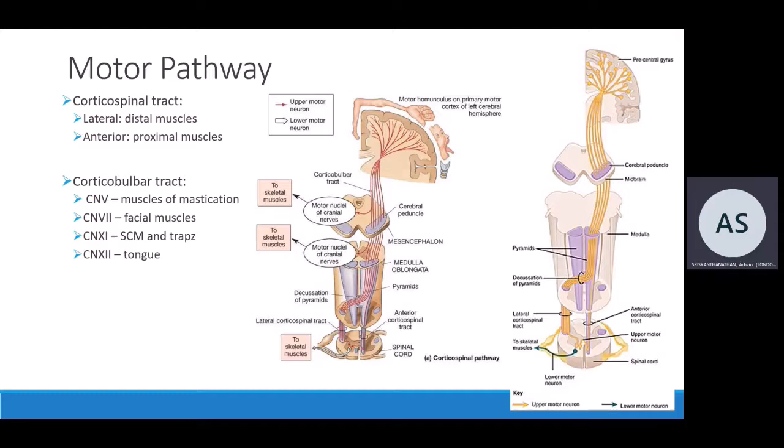Then you can see here all the input comes in from these muscles, goes in through these tracts, crosses over in the medullary pyramids and goes all the way up to your cortex.